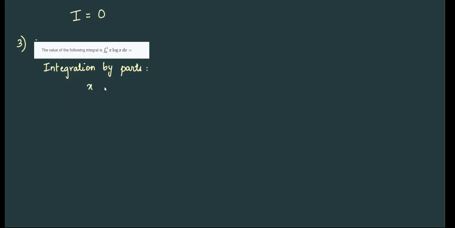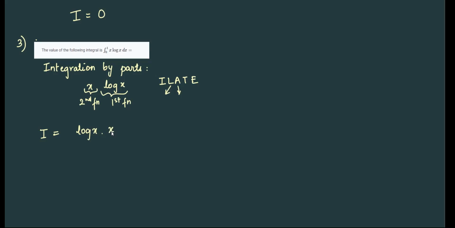So x is algebraic, log x is logarithmic. In ILATE, logarithmic comes first, then algebraic comes next. So log x becomes the first function, and x becomes the second function while integrating by parts. So we get first function, log x as it is, into integral of the second.